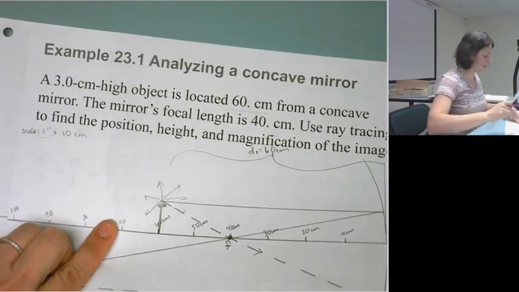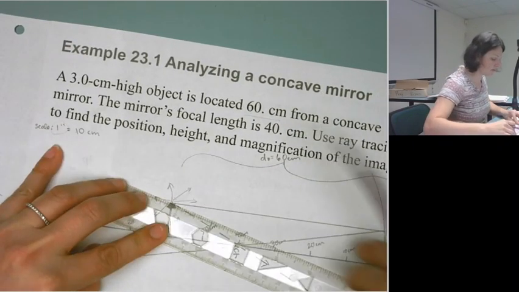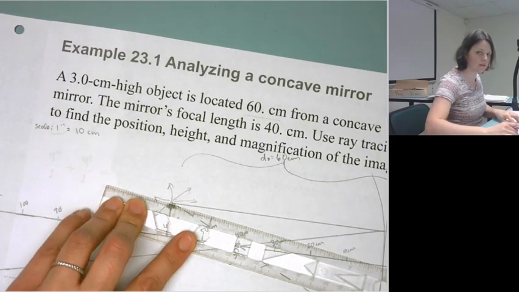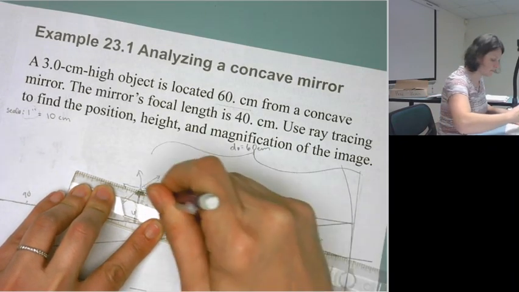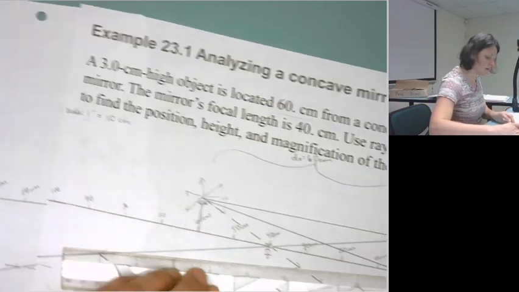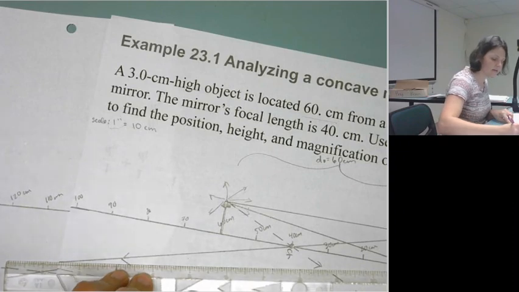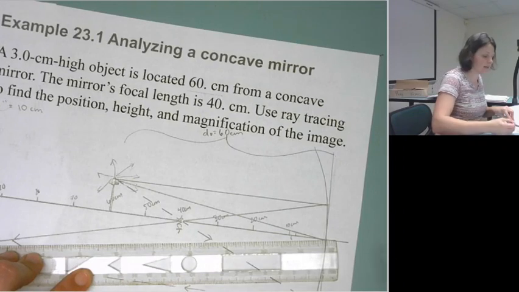Tape my pieces of paper together. A ray through the center, so it's going to exit the tip of the arrow and go like that. And then it's going to travel out so that this angle here looks like it matches this angle here.